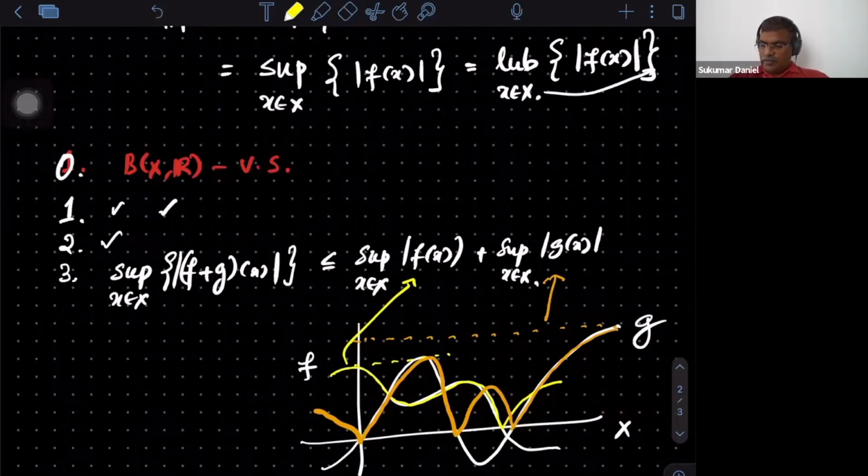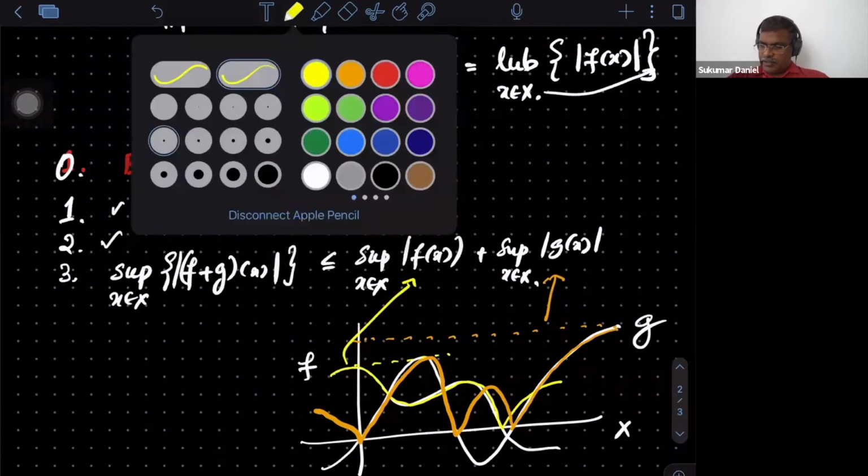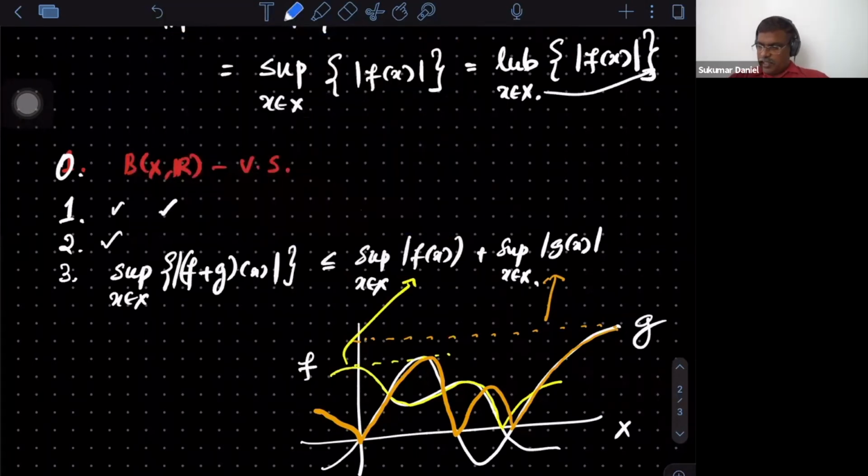You have to add these two functions. At each point you need to add them. So you may get some other new function. I don't know what kind of function you get. But that maximum, wherever it happens, may not have anything to do with g and f. But what we are saying is that it will be less than or equal to adding these two numbers.